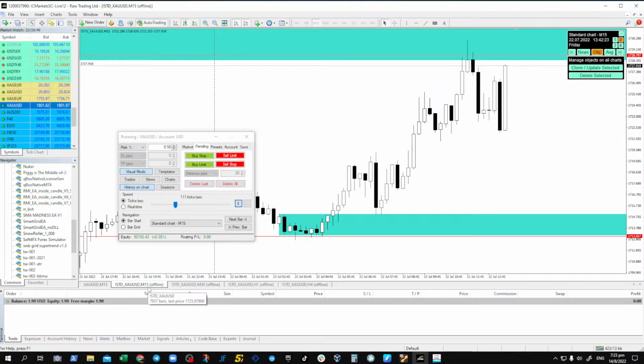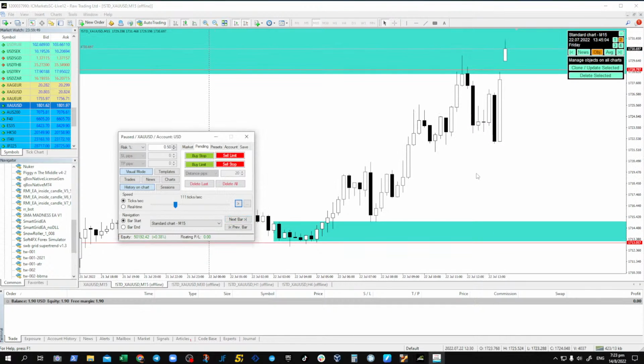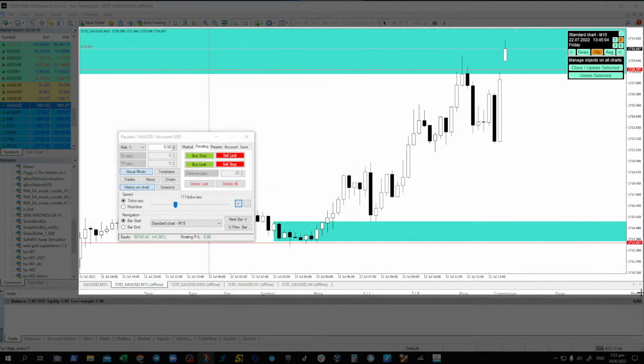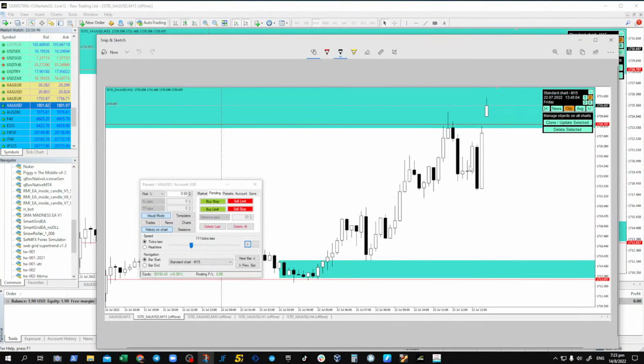Whoa, and it took our stop. Wow. Okay, fine. So it's a losing trade. So it's here at 50%. Sell limit, then we stop out. There's nothing to scream about this trade. It's very straightforward.